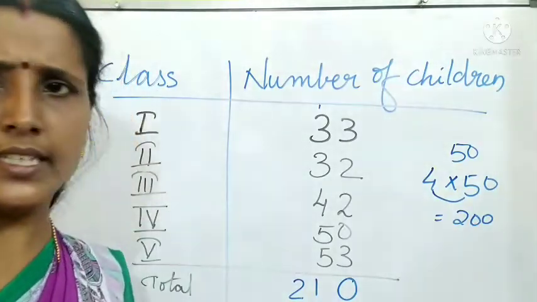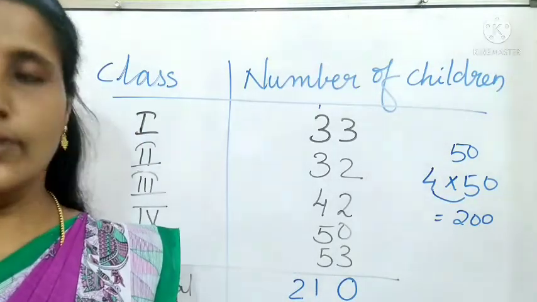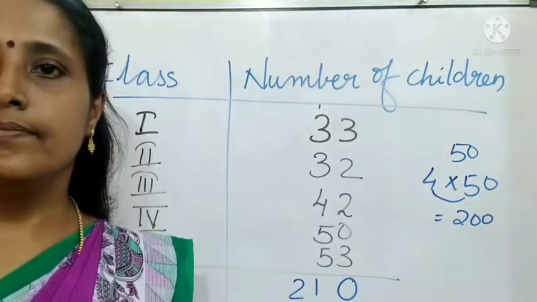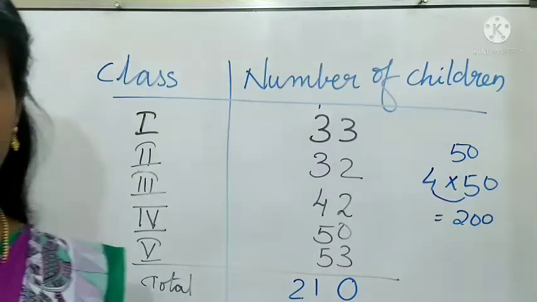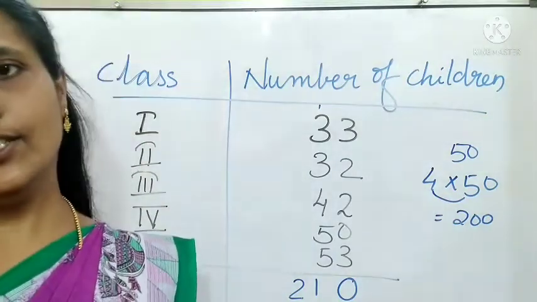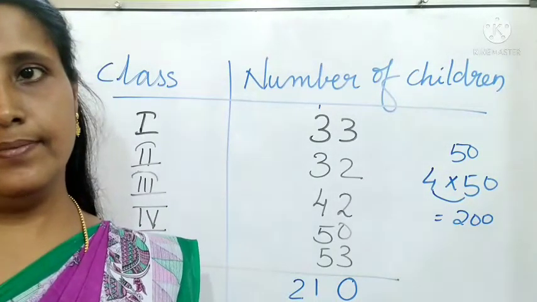Total how many students are there? Yes, 210. So, how many students are left? Here only 200 are accommodated and the total is 210. So how many students are left? Yes, 10 students. Understand?